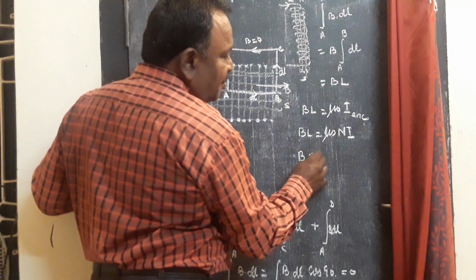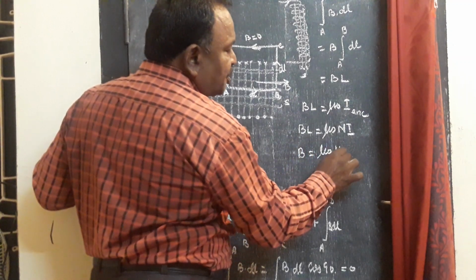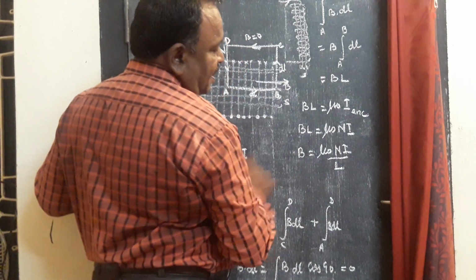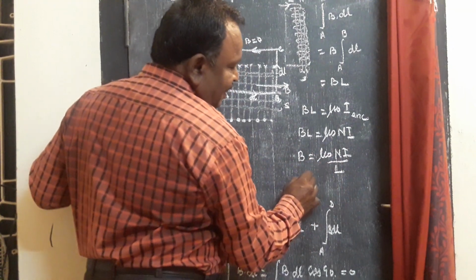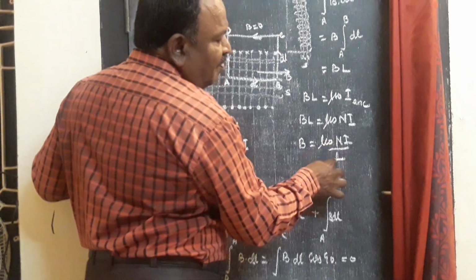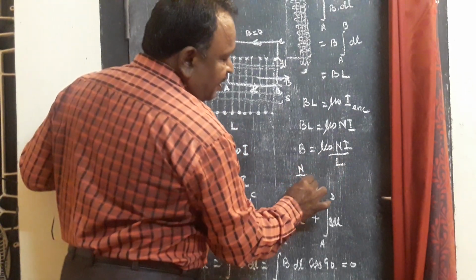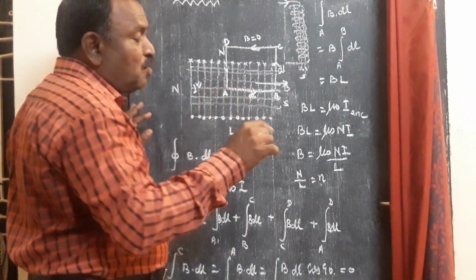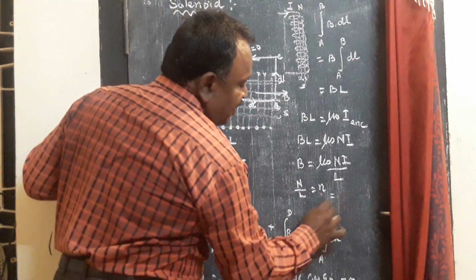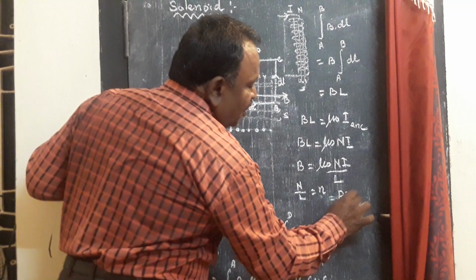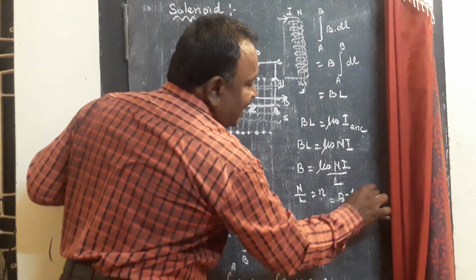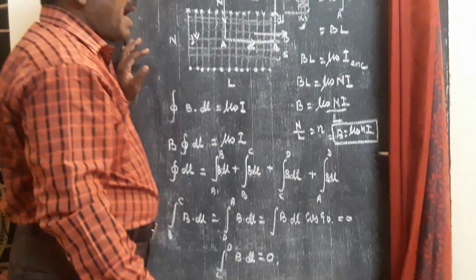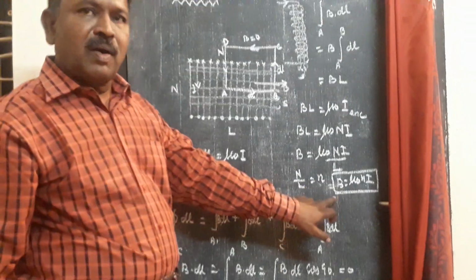Therefore B is equal to mu naught NI by L. This N by L represents the number of turns: N by L is equal to small n, the number of turns per unit length. So B is equal to mu naught nI. This gives the expression for magnetic field due to a solenoid.